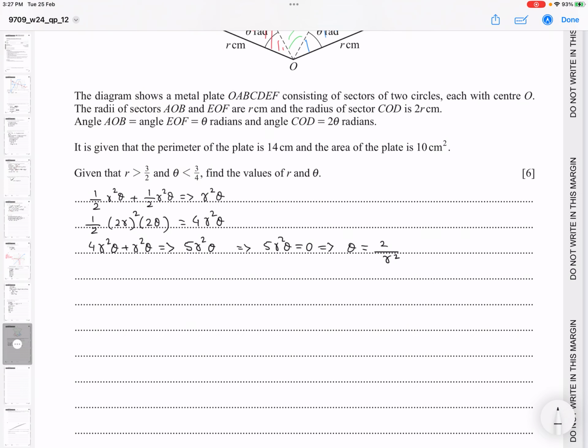So let me write it in red for perimeter.